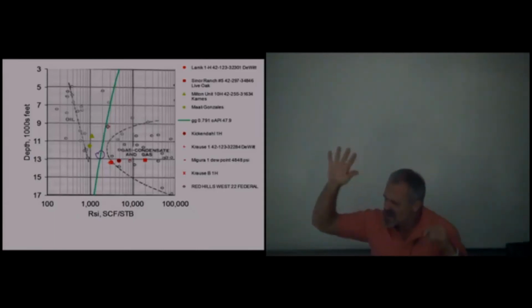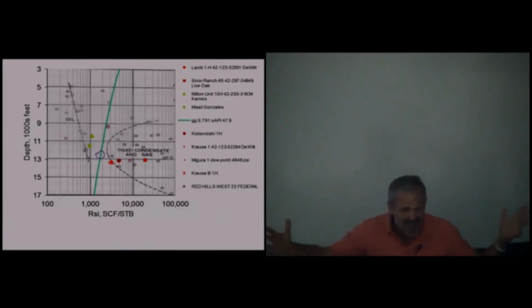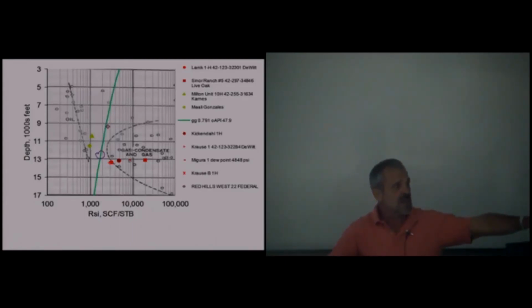Now, if it doesn't have any liquid yield, it's obviously a gas reservoir. If there is a reservoir which has a certain yield, it may be a gas condensate or a retrograde gas condensate. You can't tell without doing a study. I thought I was making that point with this slide. You have to do a study.